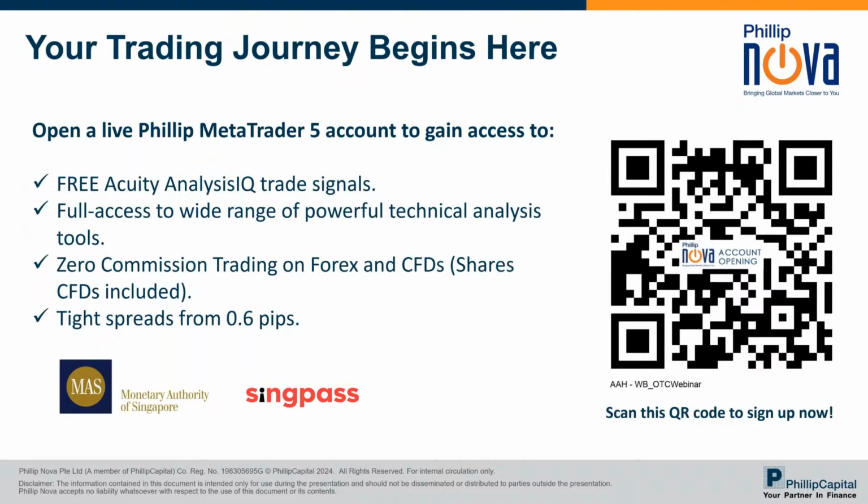And thirdly, Phillip MetaTrader 5 is a fully zero commission trading platform on FX and CFDs, including share CFD. By the way, most of the brokers in the market do charge commission for share CFD. They charge a minimum commission on share CFD, like what I shared earlier, and they also charge a market data fee for US share CFD. On MT5, you're very lucky.